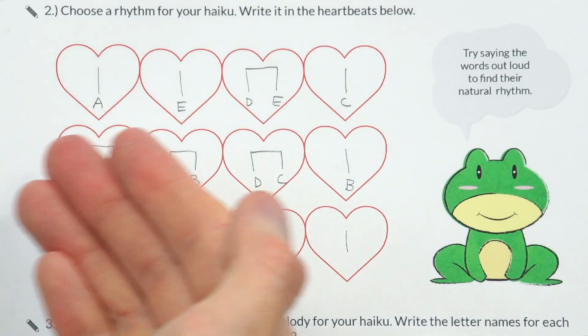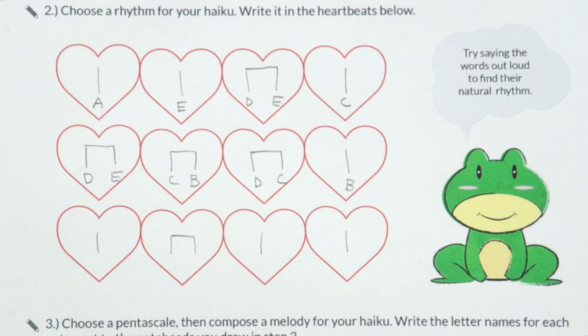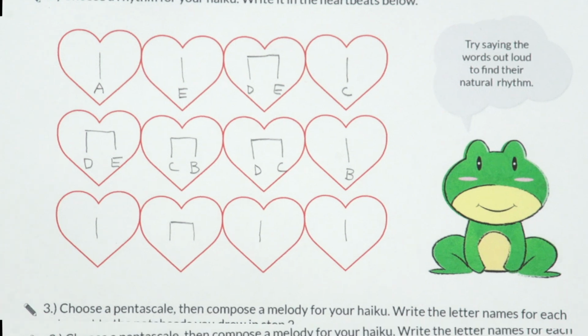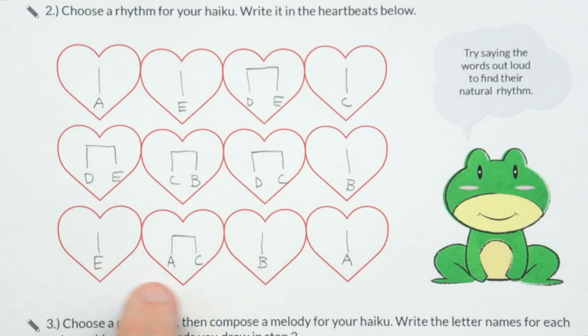Then for my next line, here's what I chose. D, E, C, B, D, C, B. And the words there are always capped with cold white snow. And then on line 3, I chose these notes.